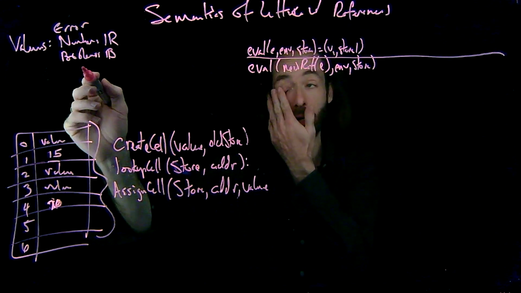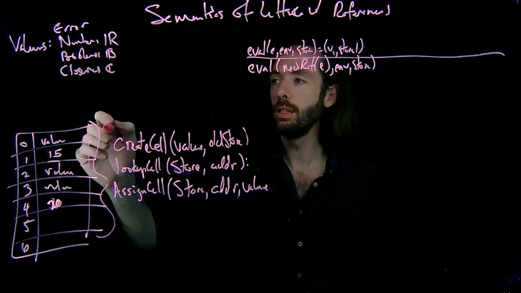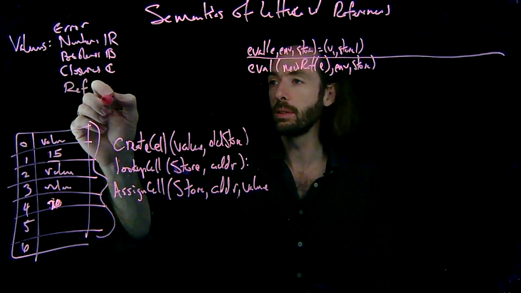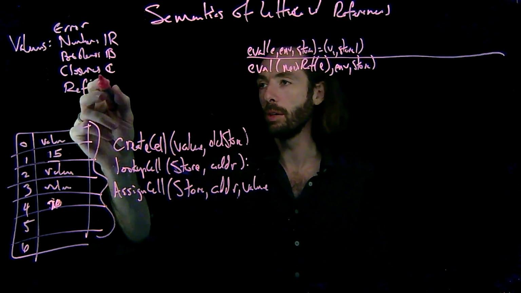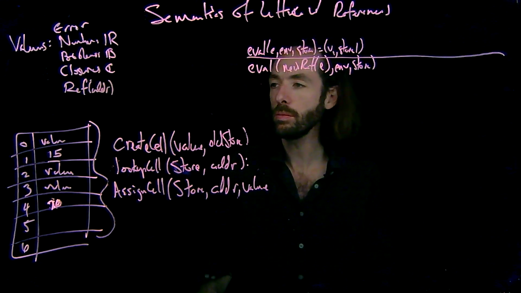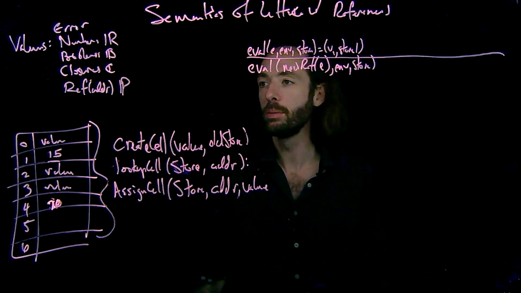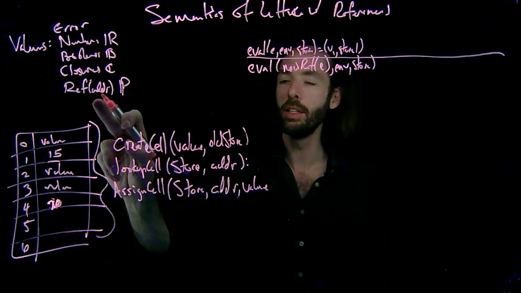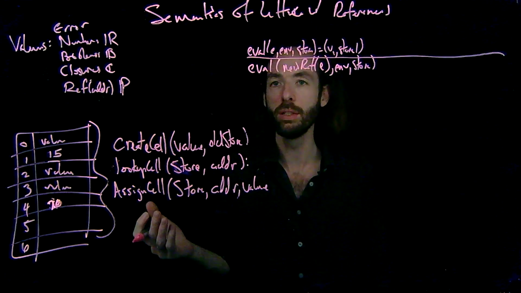We had closures, which are C, for functions. Now we're going to add references. So this is going to be a type that looks like this. It's reference with some address in it, which maybe I'll call capital P for pointers. So what is new ref going to do? It should return this as a value, some sort of reference with an address. So we need to come up with what is the address.